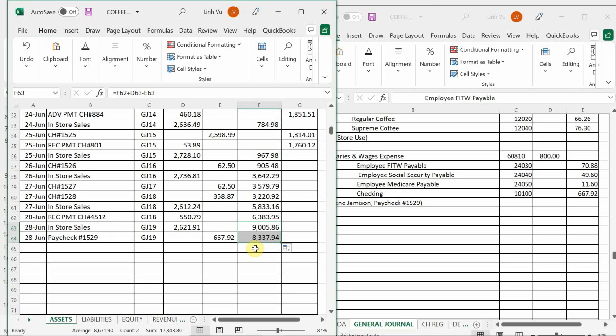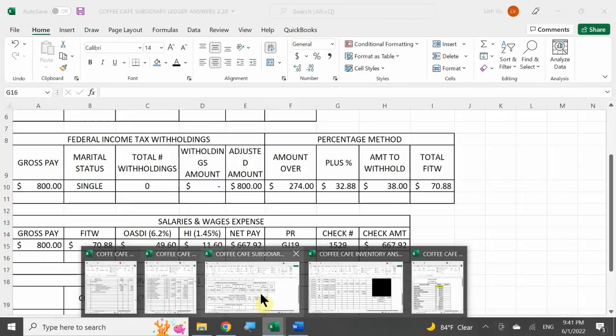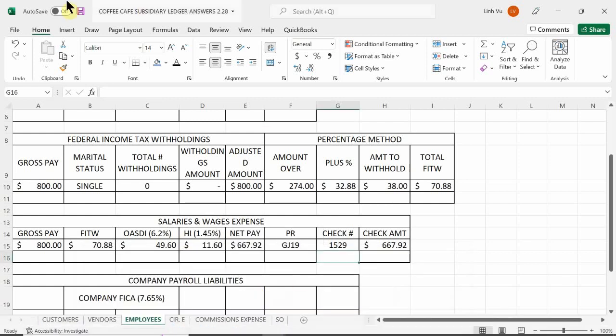Okay? So once again, we already did this subsidiary ledger, right? We entered in and calculated our amount for Irene, right? But that was just the employee section of the payroll process. We are also subject to taxes that the employer or the company is also responsible for having employees.